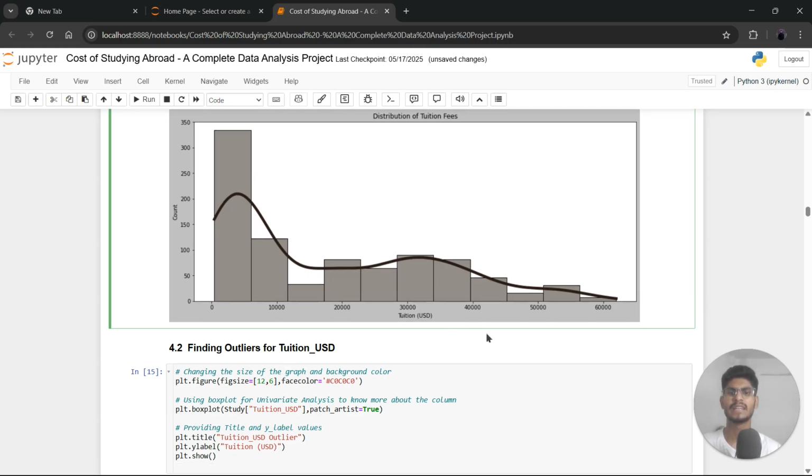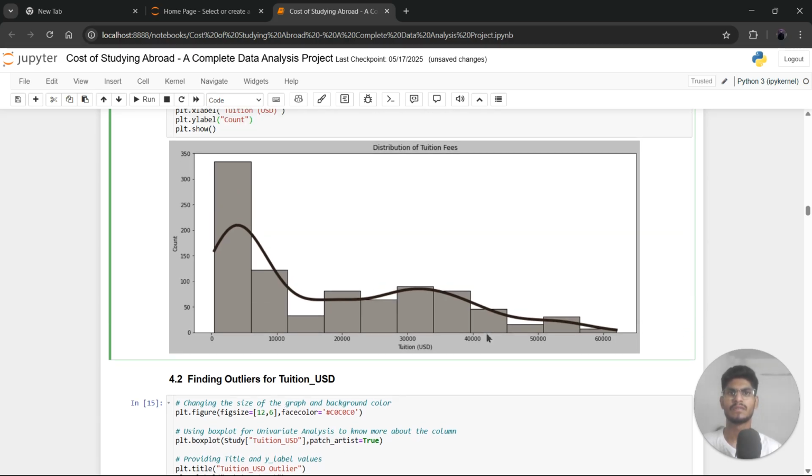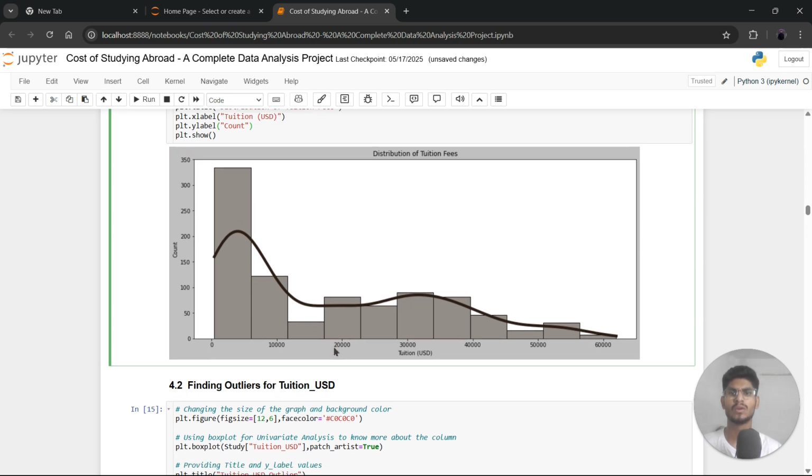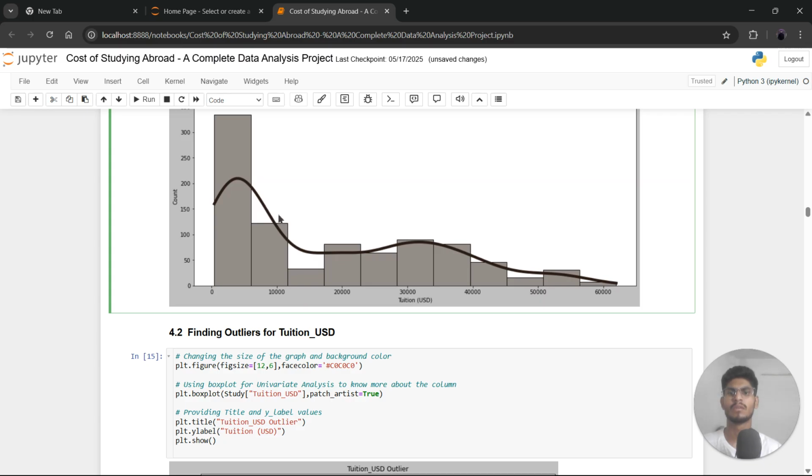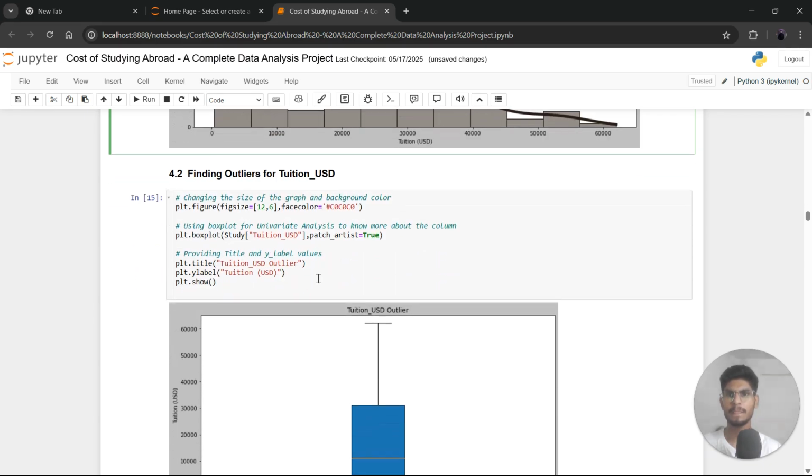So then we can write the conclusion from this data set: most of the universities have fees between 0 to 10,000 rupees. So as per that, one can know about others' needs, budget or priority, what they want to do, what they want to have, or where they want to study. They will get to know about it from here.